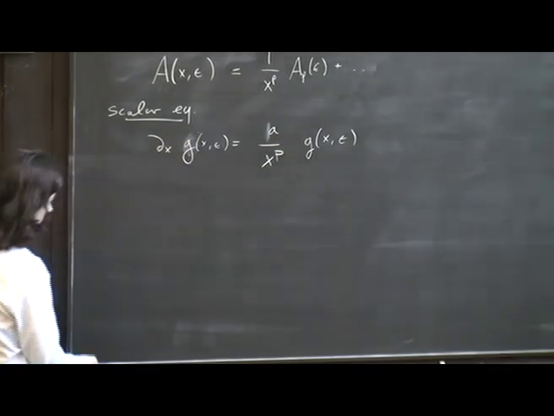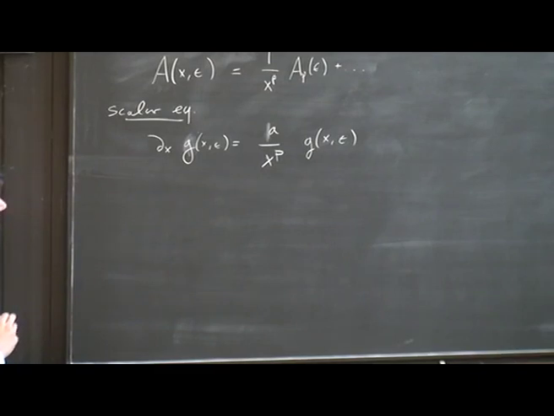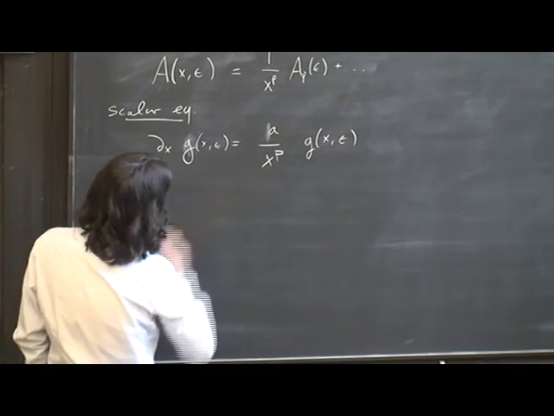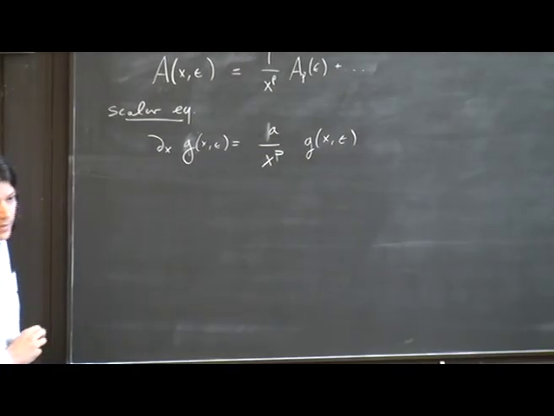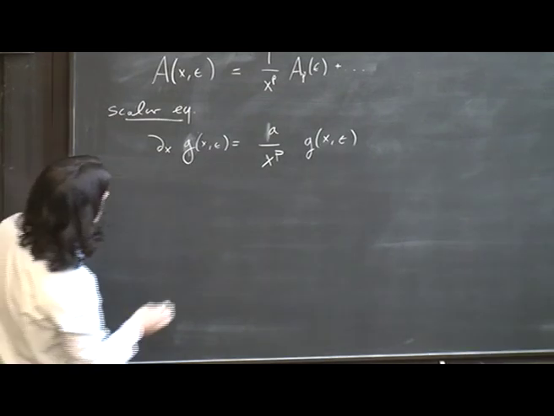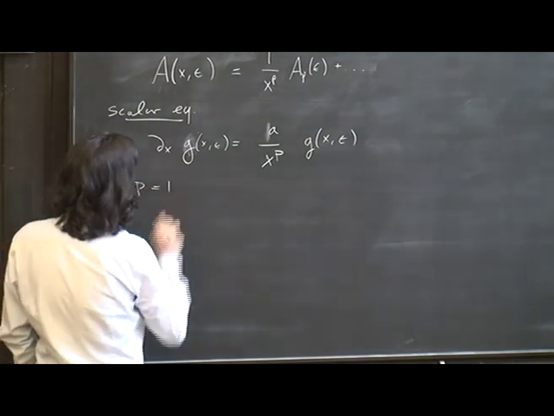Here we can basically consider different cases for p. If p is 0, then there's no singularity. That's fine. Then this would mean that actually we should remove this point from our list.